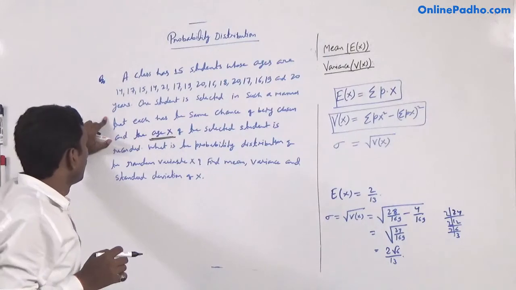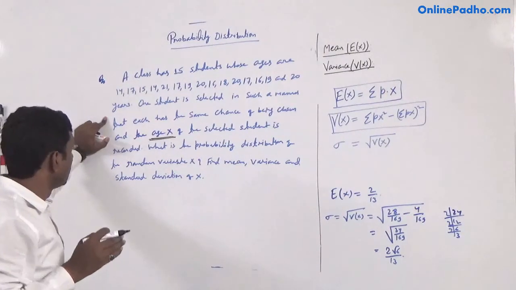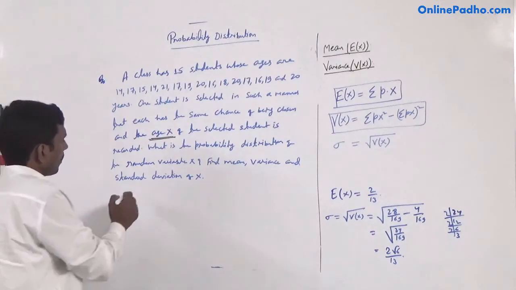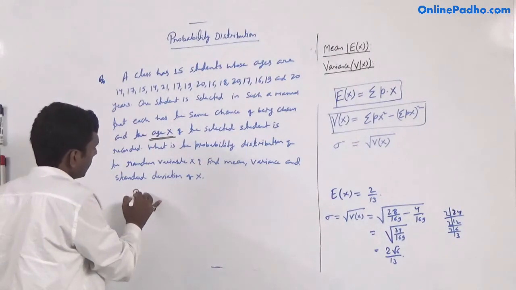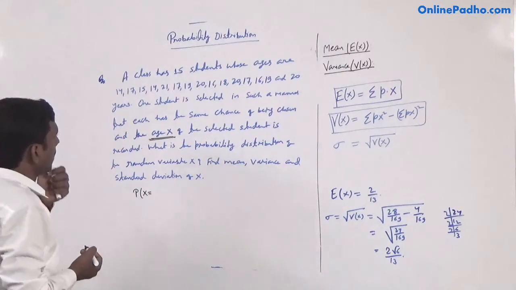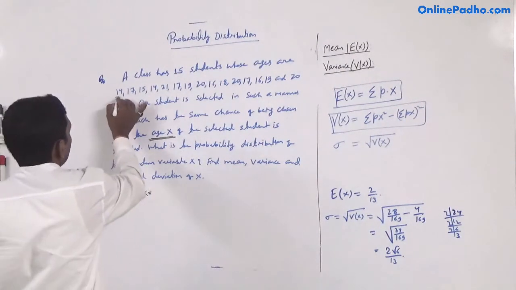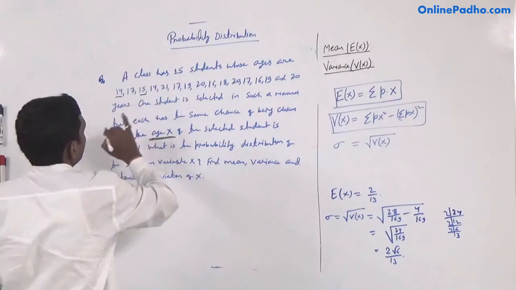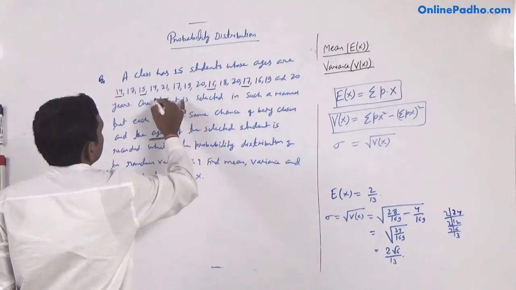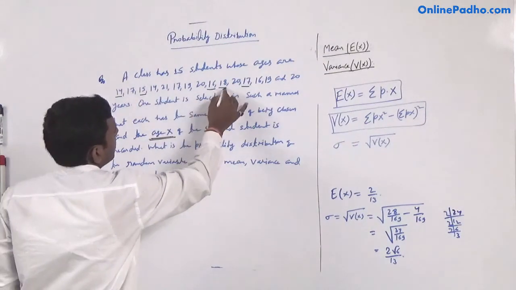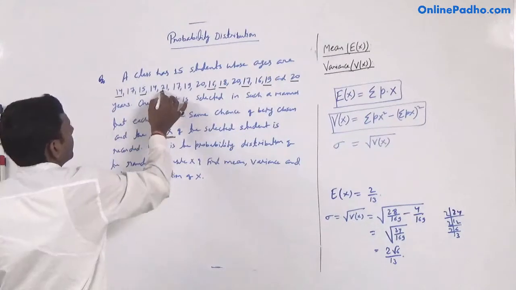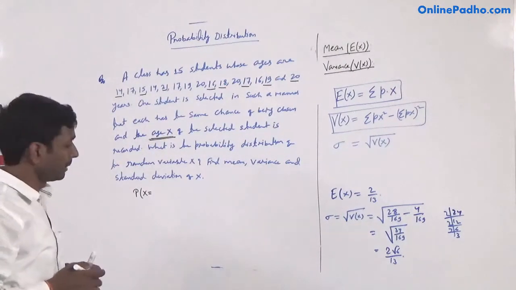Now, what is the probability distribution of the random variable x? So, how can we find the probability distribution? What are the random variables? Random variables are 14, 15, 16, 17, 18, 19, 20, 21. These are the random variables.